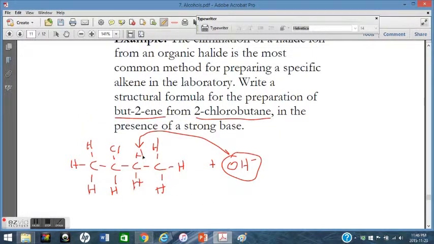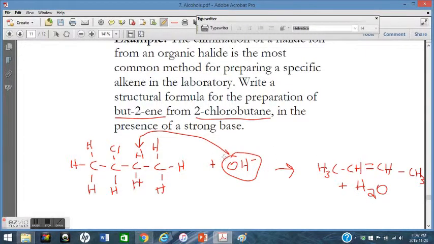So it's going to rip off this hydrogen. Electrons plunk into the double bond, kick out the chloride. We're going to end up with H3C-CH double bonded to a CH to CH3, plus H2O.